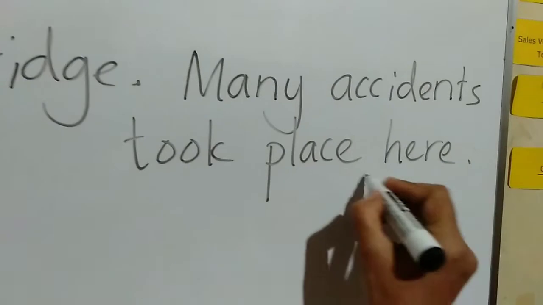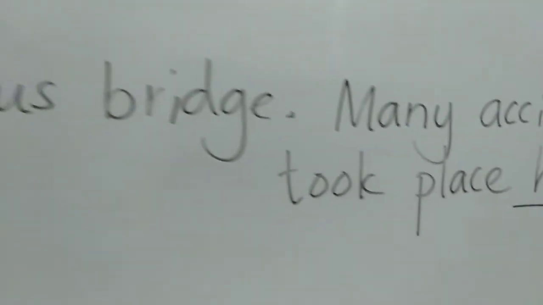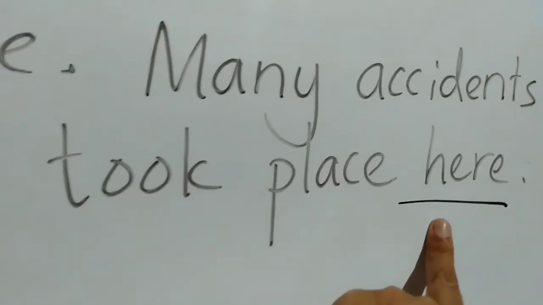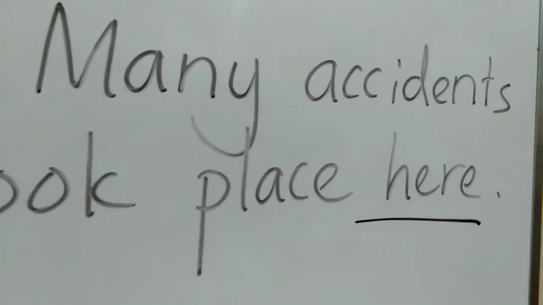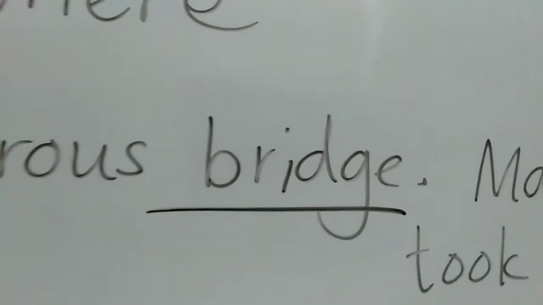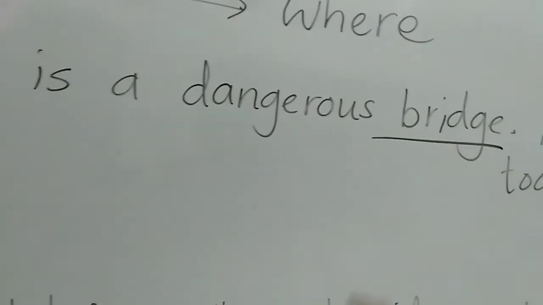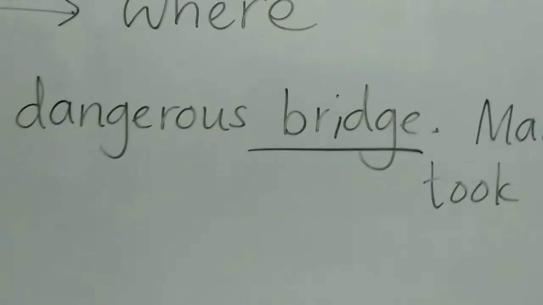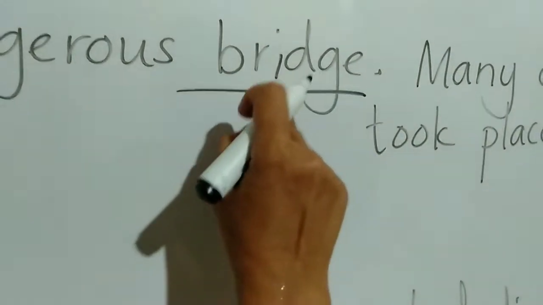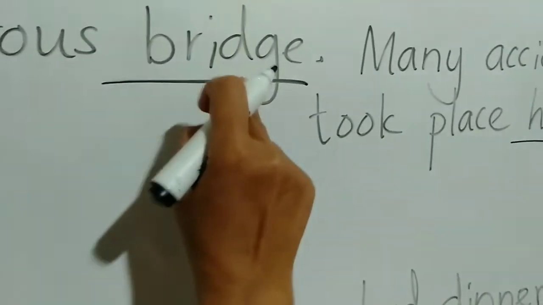It's very special in the second clause, here gives a meaning of a place. Then what is the place? Bridge. What is the relative pronoun? Where. We place it immediately after this noun.